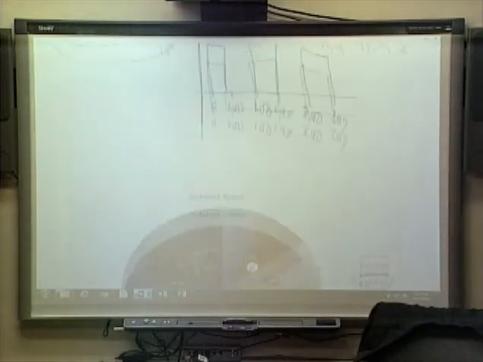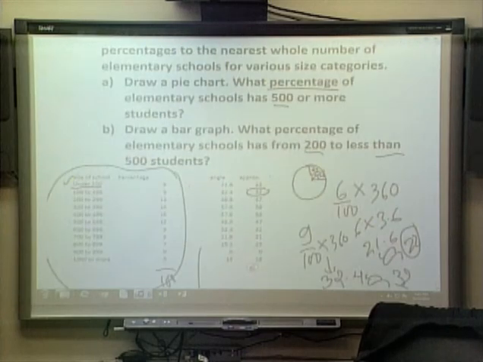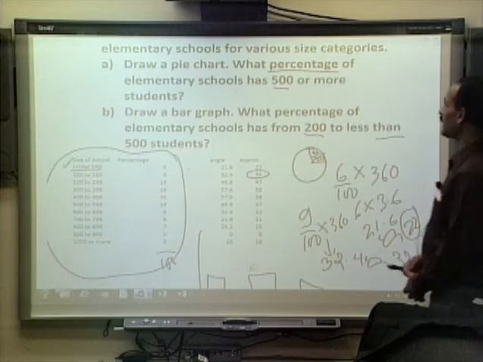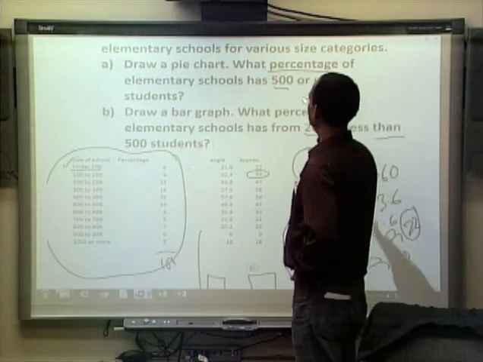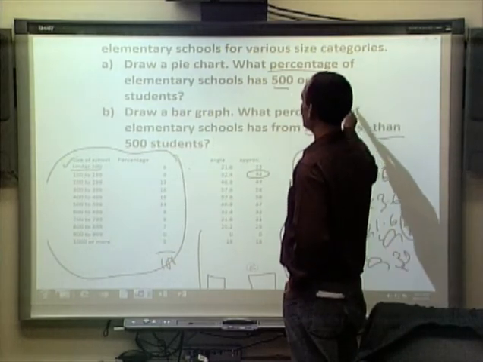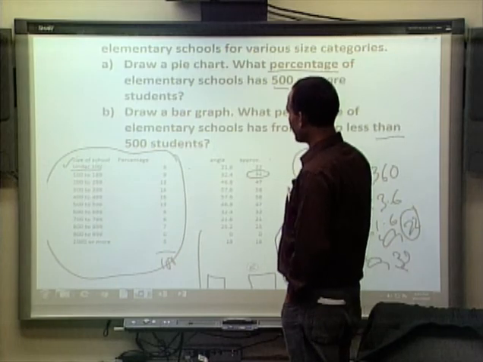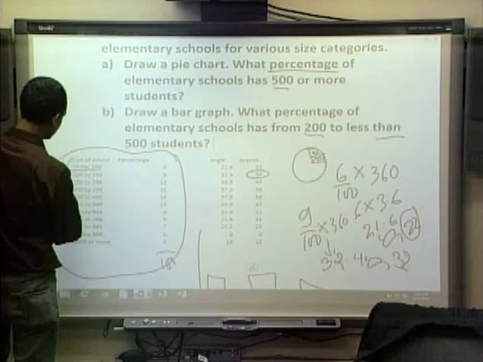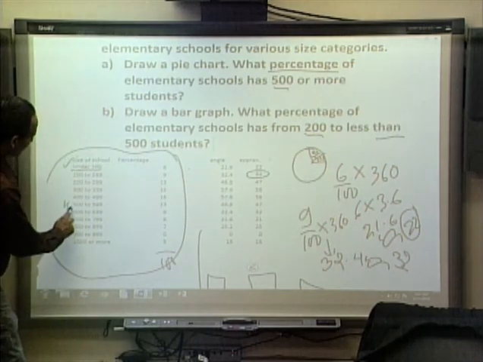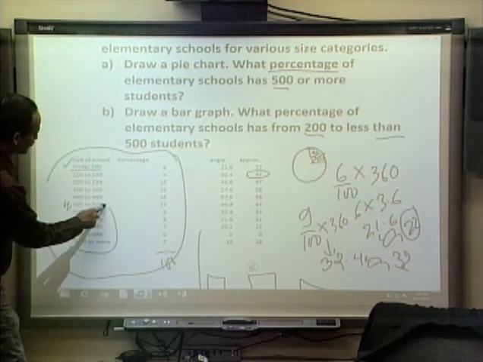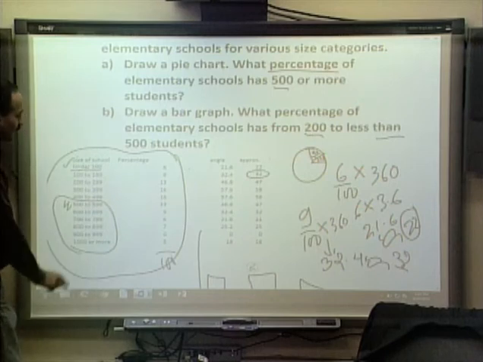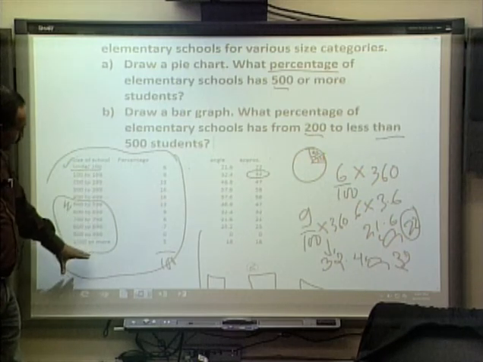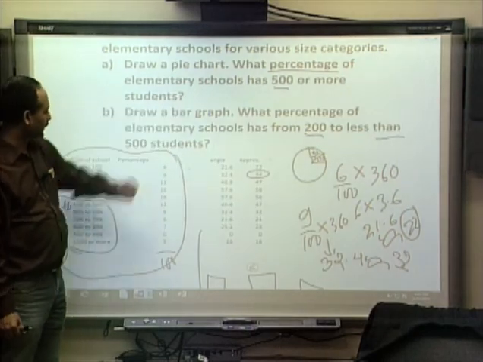And we had another question attached to the pie graph and bar graph. The question says, what percent of the schools have 500 or more students? So 500 or more means we will be calculating the percentage starting from 500 all the way to 1000 and more. All the groups together will give us the answer to this question.